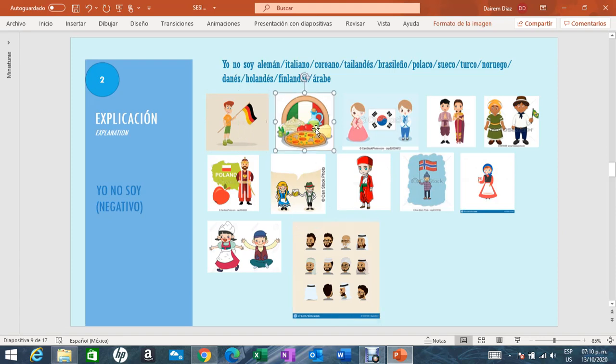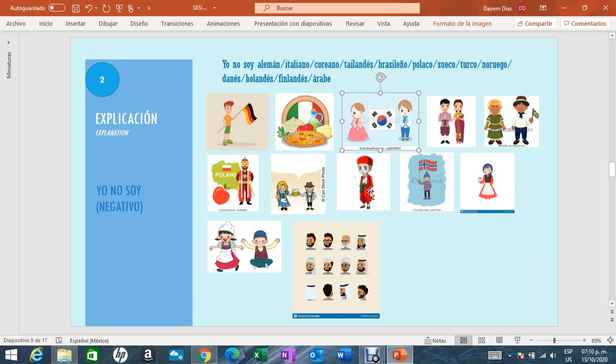So, affirmative, yo soy italiano. Yo soy coreano, for a man. Yo soy coreana, for a woman. Yo soy tailandés. Yo soy tailandesa. Yo soy brasileño. Yo soy brasileña. Yo soy polaco. Yo soy polaca, for women. Yo soy sueco. Yo soy sueca, from Sweden.